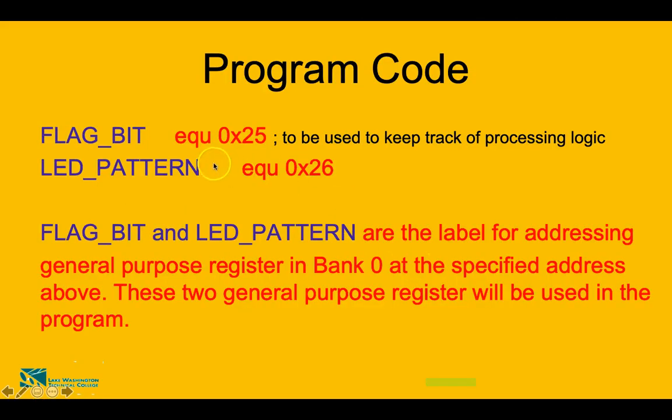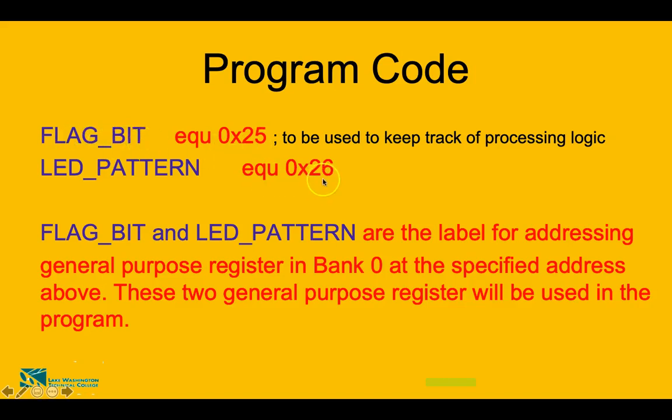Okay, so starting with the flag bit and LED pattern, you see these are the two general purpose registers which I have used, and this is their address. 0x25 is the address, 25 is the hexadecimal number, and the register at this address we have named as our flag bit.